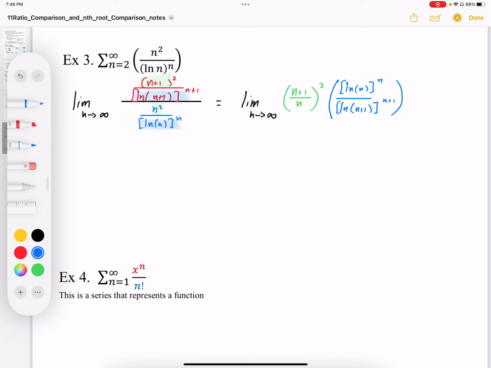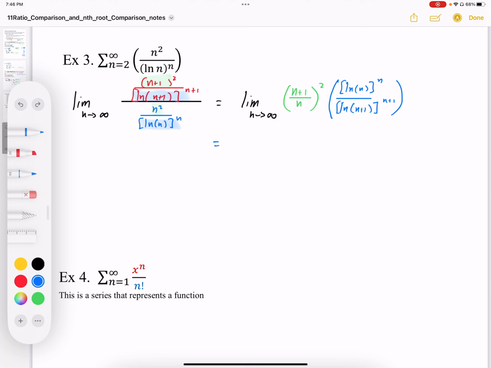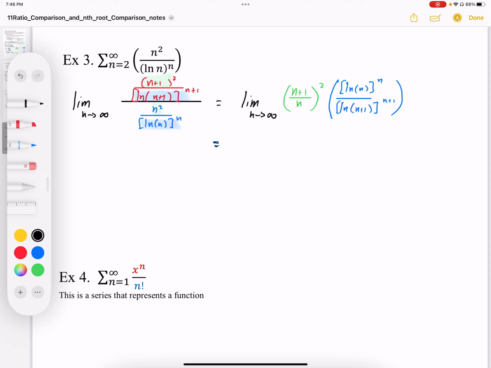Okay, so we can simplify some of this. This is going to look like the limit as n approaches infinity. That part there is going to end up being 1 squared. This portion here, when we simplify it, it looks like we're going to have something like this.